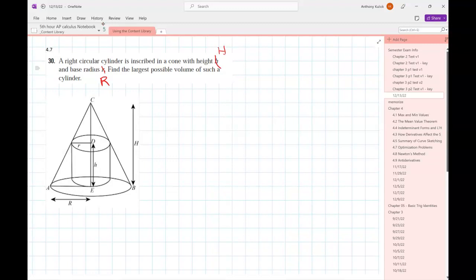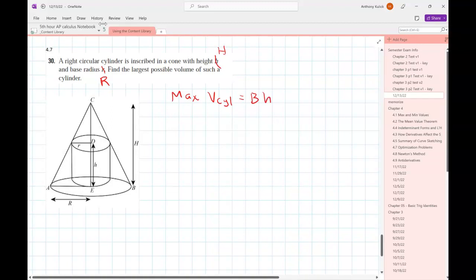So what are we looking to do here? The volume of a cylinder is the area of the base times its height. So in this case, that would be pi little r squared h.